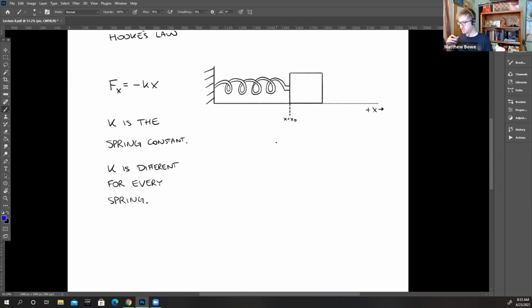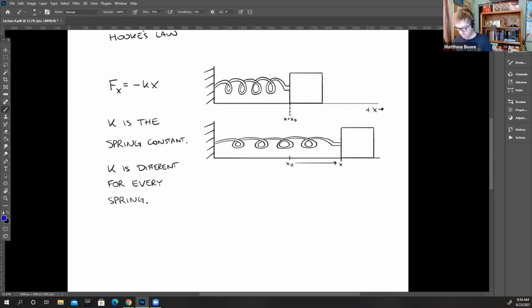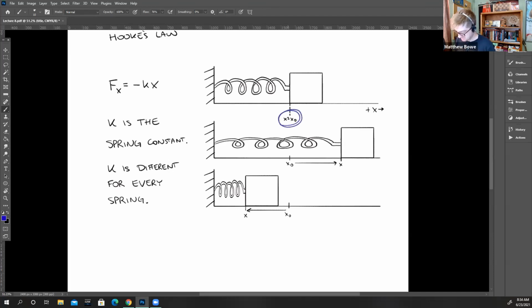If you were to stretch it, it would go back to this spot. I have a couple already prepared, so I don't have to draw this again and again. If we were to stretch or compress this spring, it would naturally want to move back to this position, this equilibrium position right here.